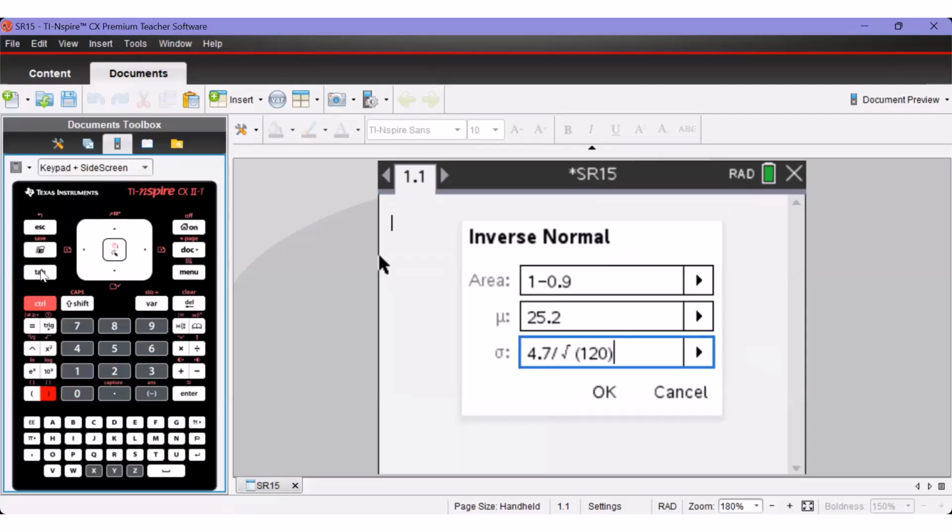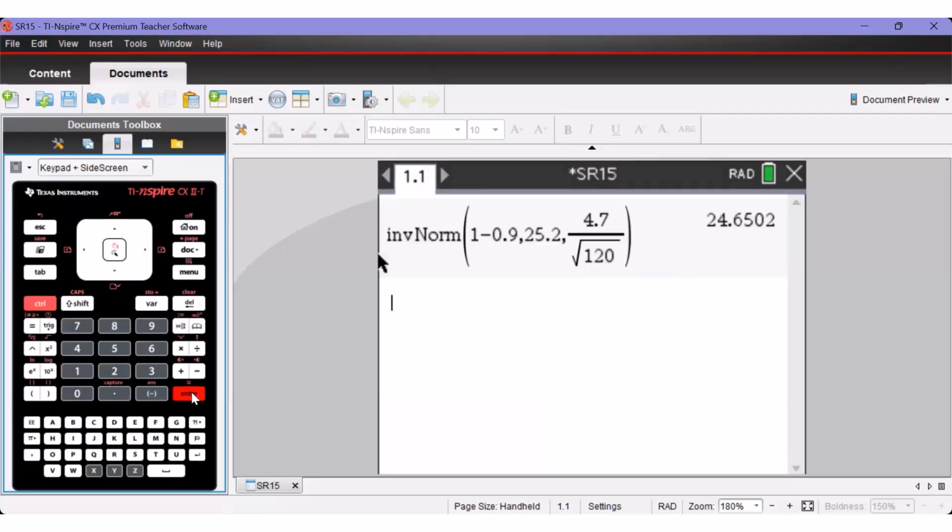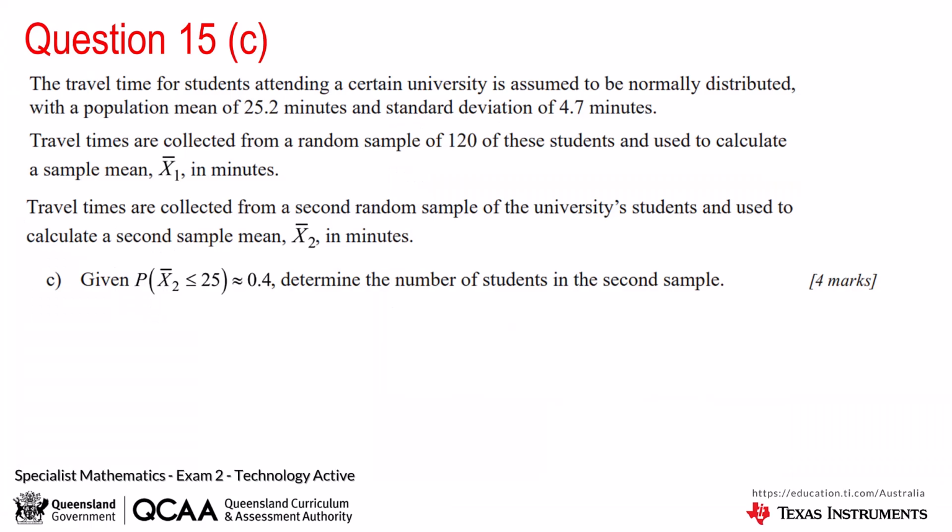Close the bracket. Press Tab to highlight OK, and then press Enter. And we get a K value correct to 2 decimal places of 24.65. And in fact, that is 24.65 minutes.